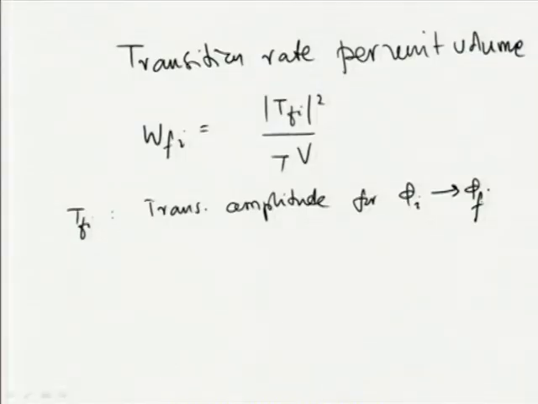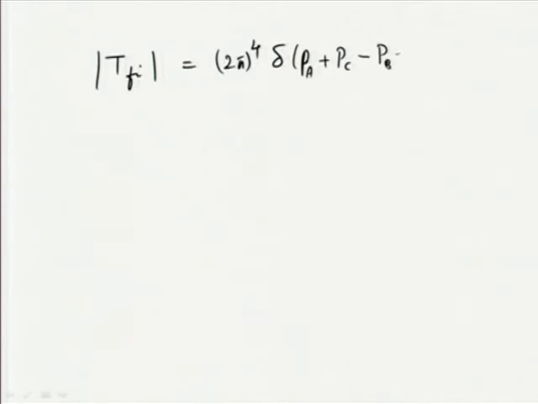Now, we had in the earlier lectures described T_FI as (2 pi)^4 delta(p_A + p_C - p_B - p_D).